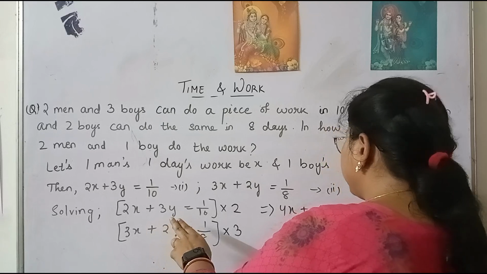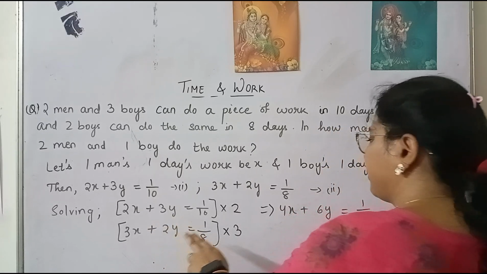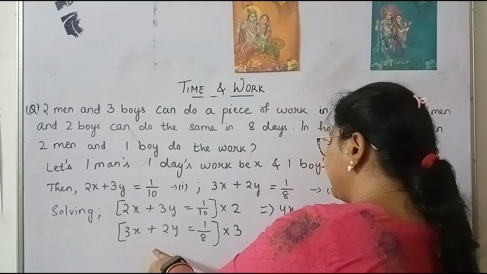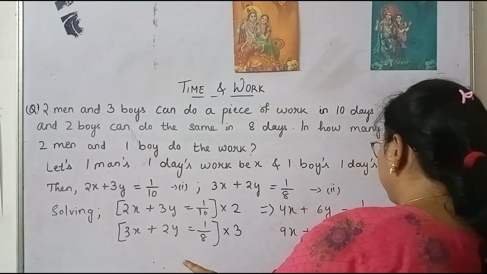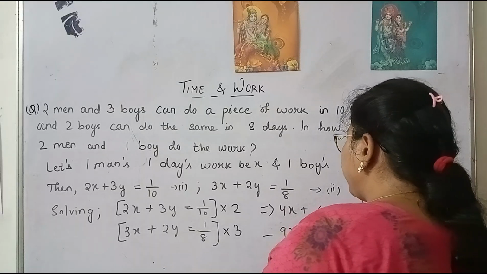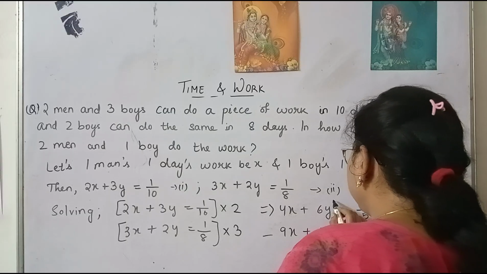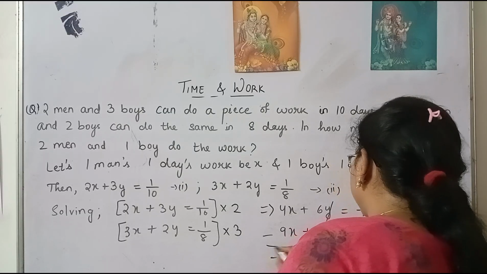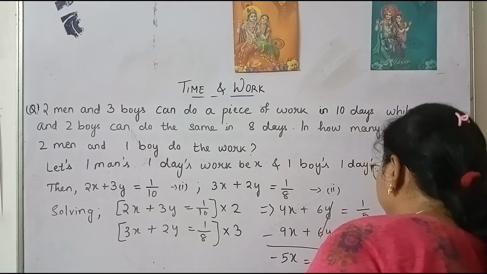In this case, how much will I get? 4x plus 6y is equal to 1 by 5. Correct? Next, in the second case, I get 9x plus 6y equal to 3 by 8. Now if I subtract, this will be cancelled and I get minus 5x equal to 1 by 5 minus 3 by 8.